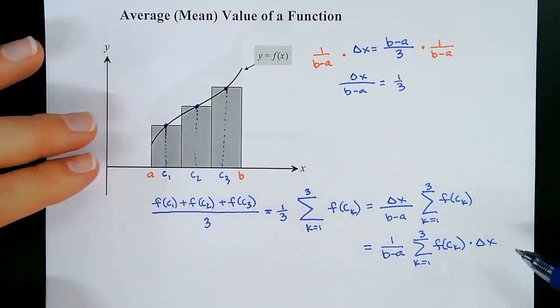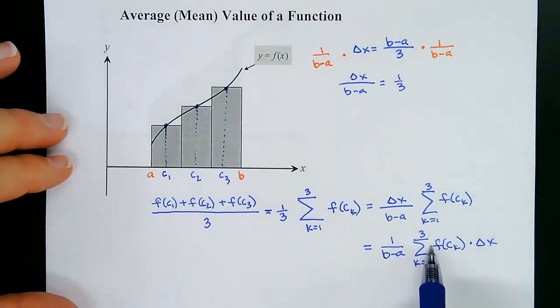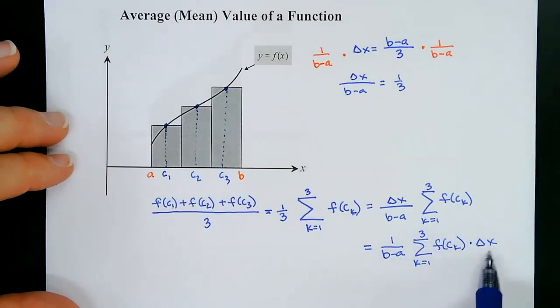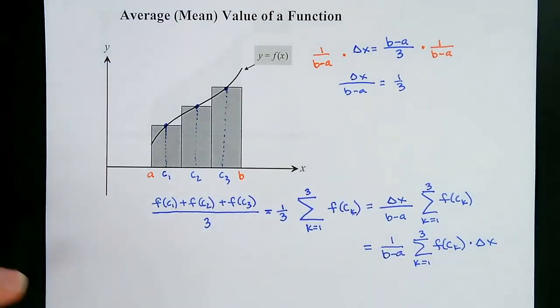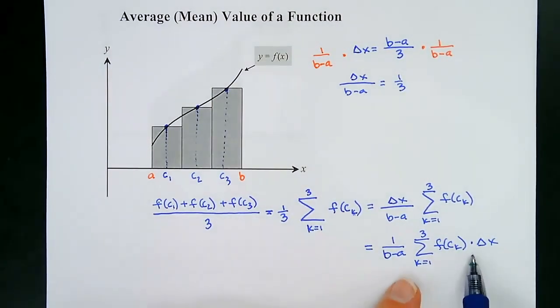This is going to become an integration problem if you didn't know. Then I can just multiply the area of those 3 rectangles added together by 1 over b minus a, and I would have the average. So it's a new way of doing it, right? It's not doing it this traditional way, but doing it this way.